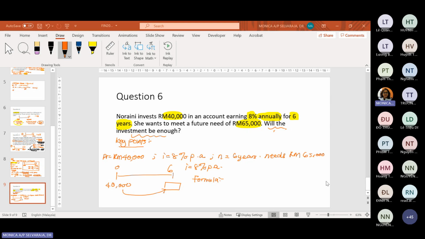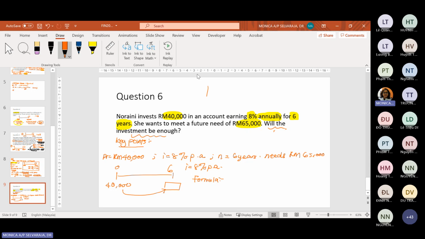I want to understand why is it present, not future from your side. Cannot hear you. Where are you? Can you speak louder? Why is it present, not future? Why do you guess it's present?